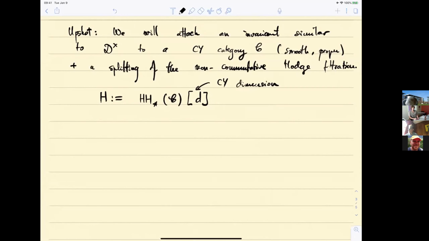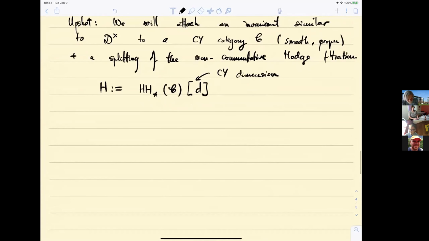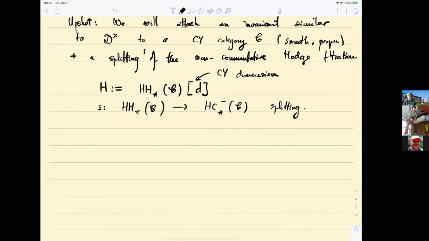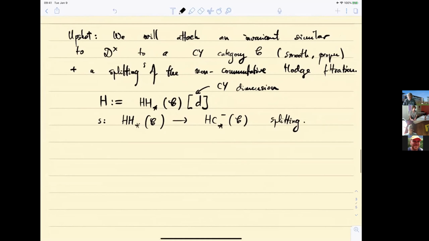And what is the splitting of the Hodge filtration? The splitting S of the Hodge filtration is a map from Hochschild homology of C to this thing called the negative cyclic homology of C. And this is a splitting. I will explain this in much greater detail once we talk a lot more about Hochschild and cyclic homology, but you should really think about this as H^p(Ω^q) in some incarnation, and this you should think about as H de Rham.